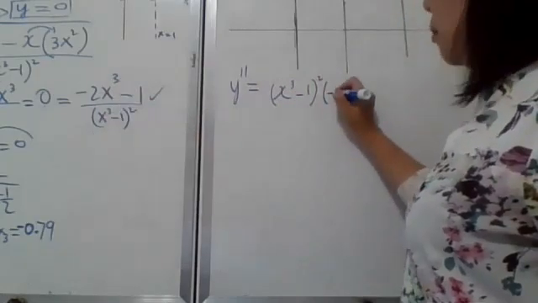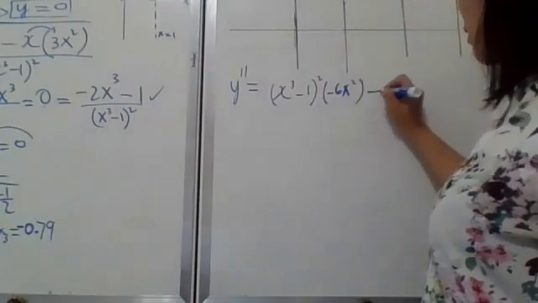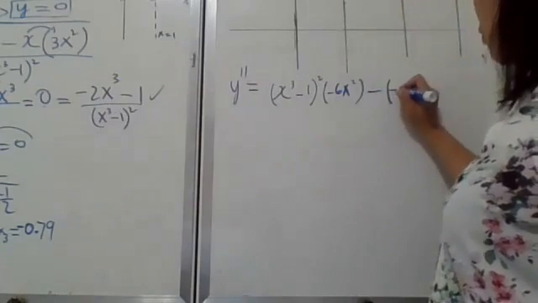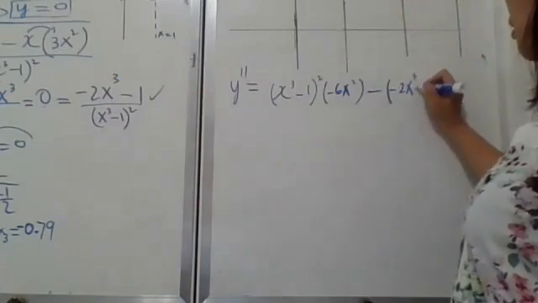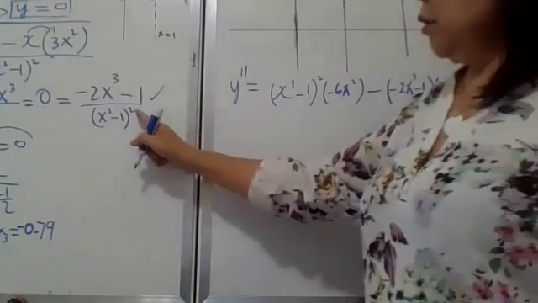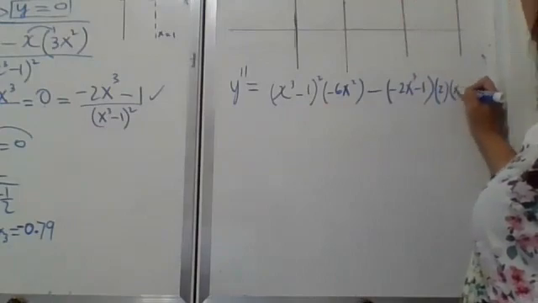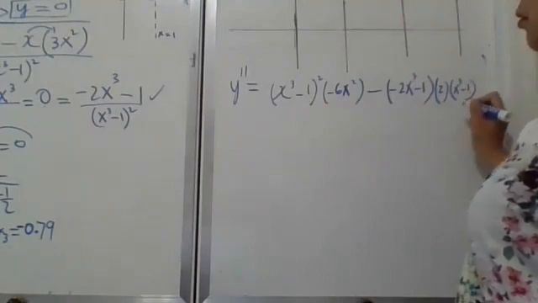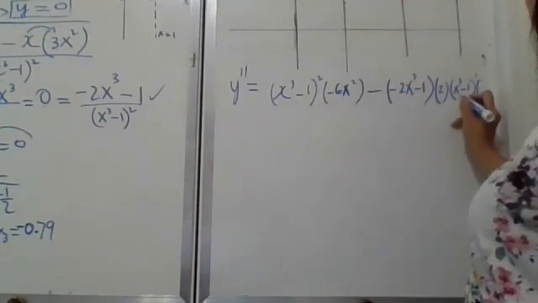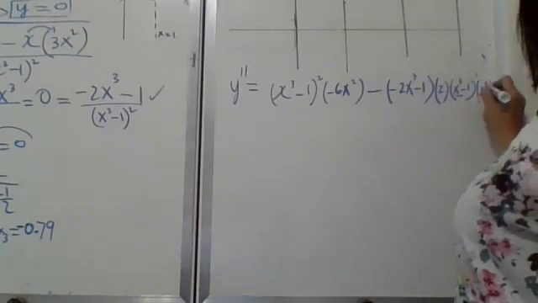Derivative of this one is minus 6x squared minus 0, we don't have to write that, minus, now keep this the same, so minus 2x to the power 3 minus 1, keep the same. Derivative of the denominator, bring the 2 in front, so times 2 times x to the power 3 minus 1 to the power 1. And then don't forget the chain rule, times 3x squared.